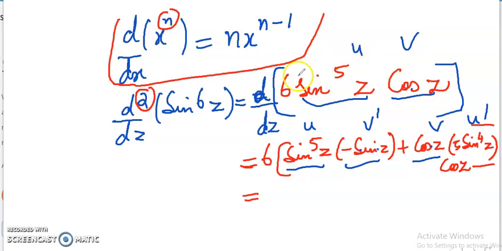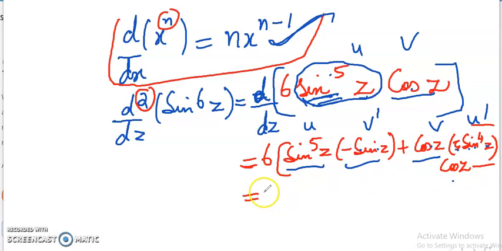u dash means the differentiation of sine power 5 z. What is u dash? 5 sine power 4 z, using this formula. Also we should do one more thing: we have to differentiate sine z, and the derivative of sine z is cos z.